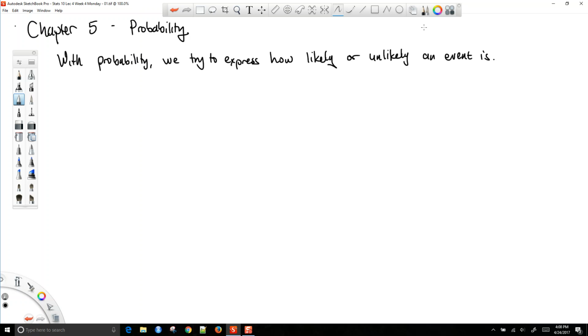The probability is used only for uncertain events. Okay, so we use it to describe the chance of an uncertain event.